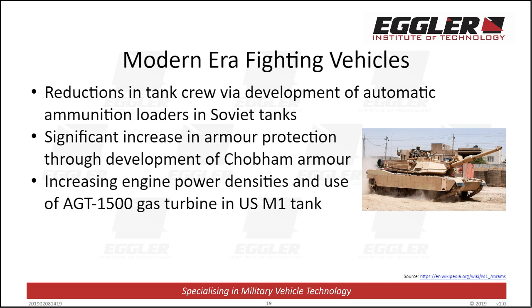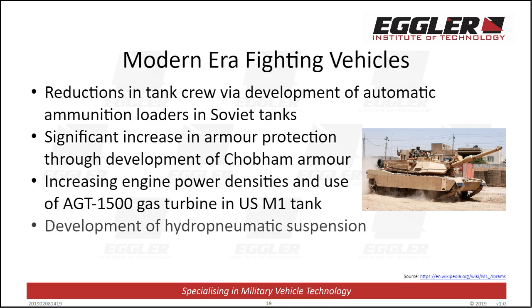However, it has a considerable range of disadvantages, which we will learn about later in the course. We also saw the development of hydropneumatic suspensions. The development of this new type of suspension, although more complex and expensive, provided for much higher levels of mobility.